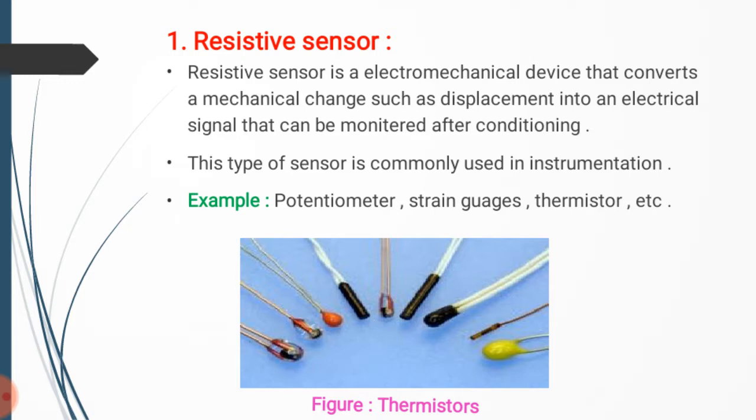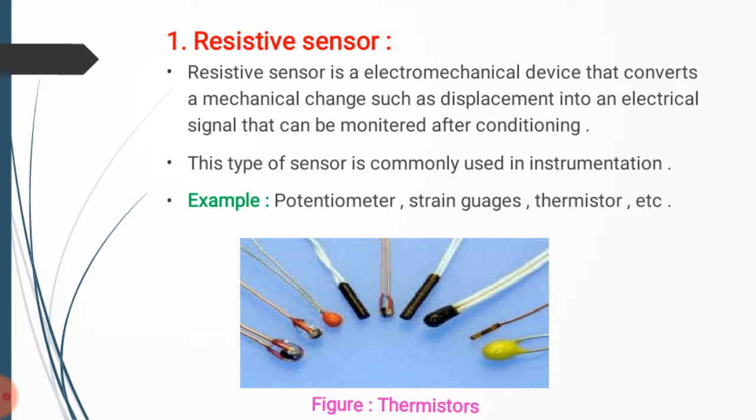We already discussed the potentiometer, in which there is a change in the resistance if we slide the knob present on it. Strain gauges are also the same: there is a change in displacement, so we get a change in the resistance.